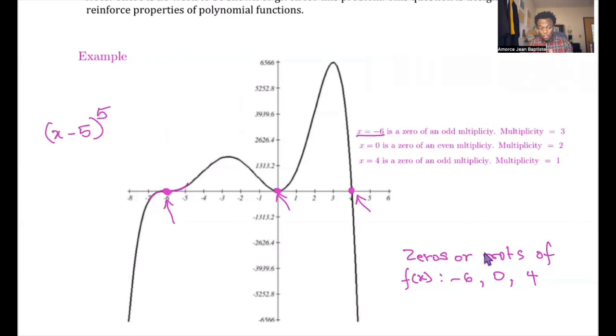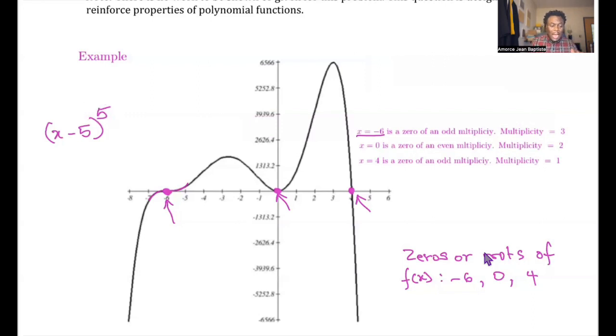At x equals 5, which makes the inside expression equal 0, we expect the graph to cross the x-axis because the multiplicity 5 is odd.